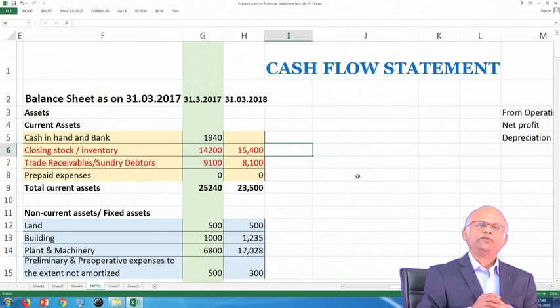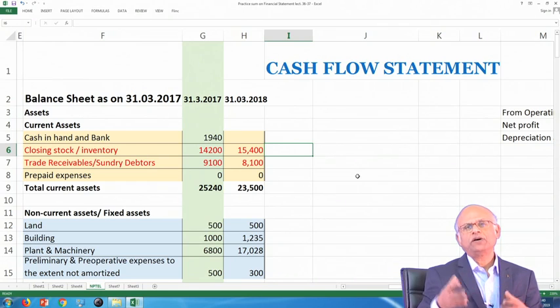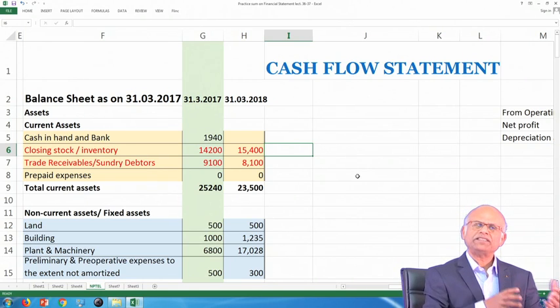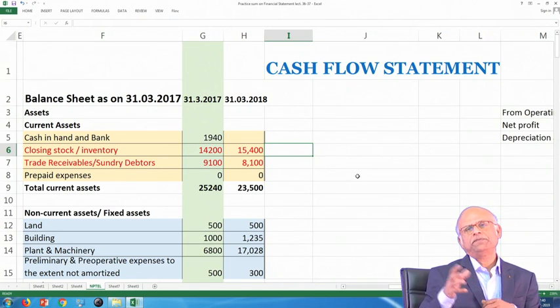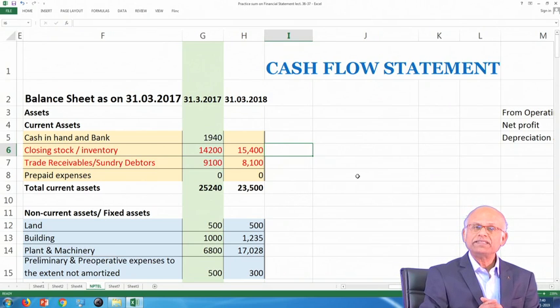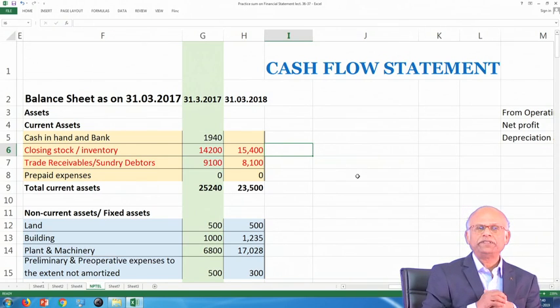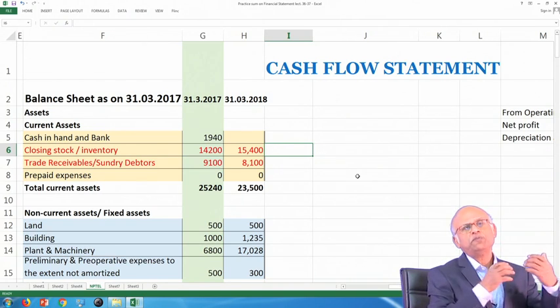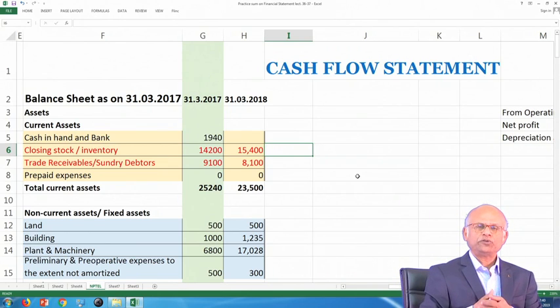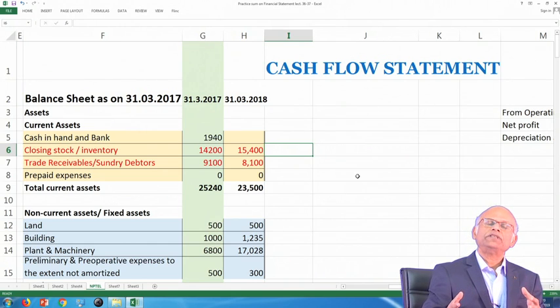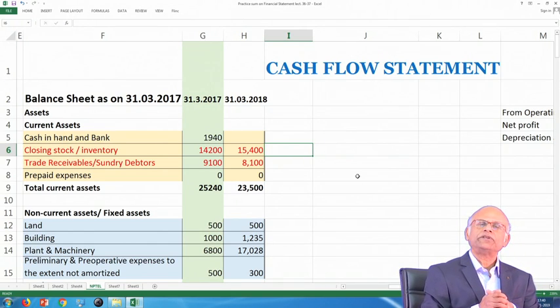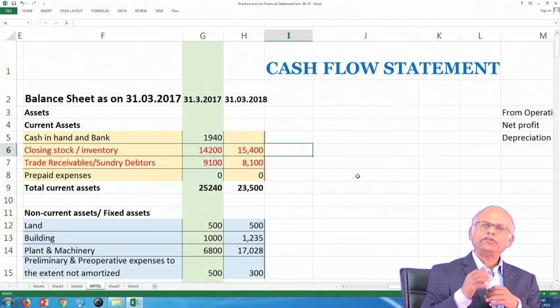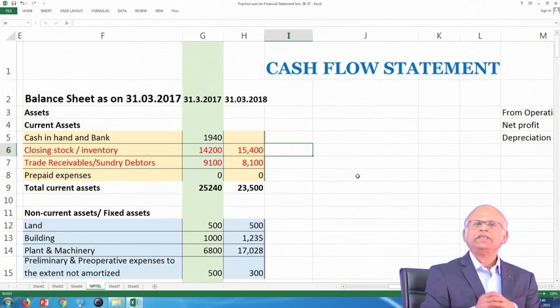Now, the reverse also is true. If the receivable goes down, suppose yesterday the receivable was 100, today the receivable is 50, which means that you have recovered some of the receivables and converted them into money. Some customers who purchased goods from you and were yet to make payment, that is why receivables were 100, today made some payment, maybe say 60 rupees.